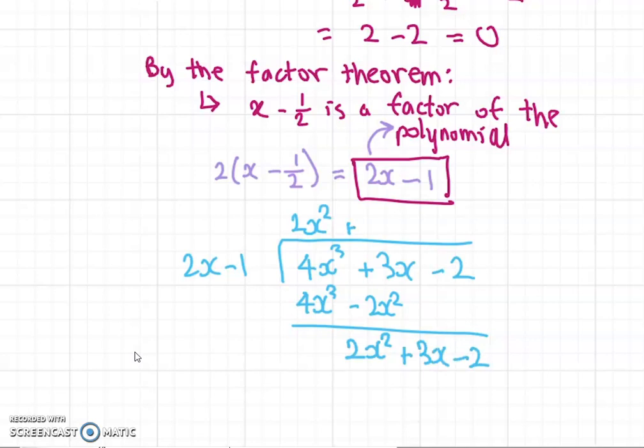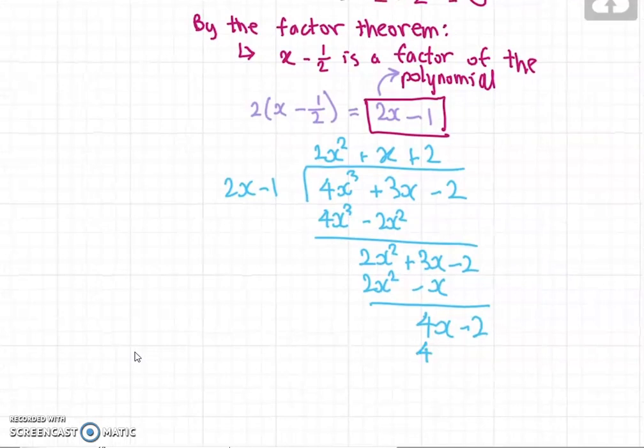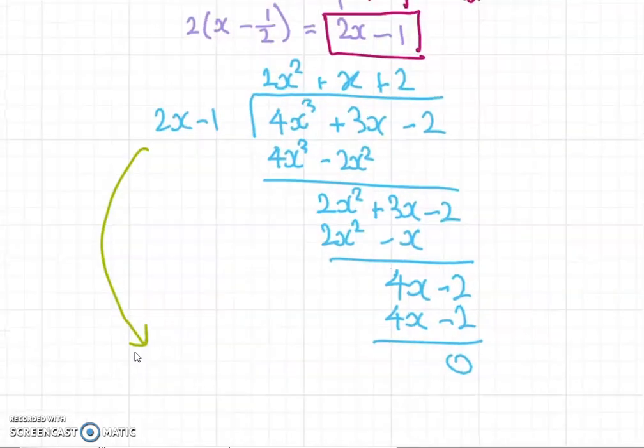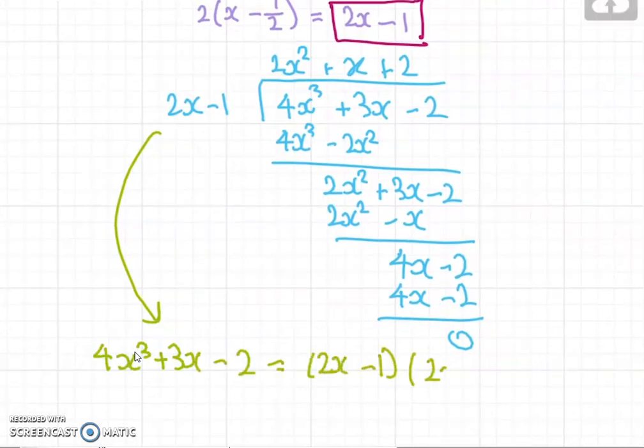And we have an x here, 2x squared minus x over here, and 4x minus 2. Finally we have a plus 2 here, 4x minus 2 here, and 0 remainder. This means we can factorize the original polynomial as 4x cubed plus 3x minus 2 is equal to 2x minus 1 times 2x squared plus x plus 2.